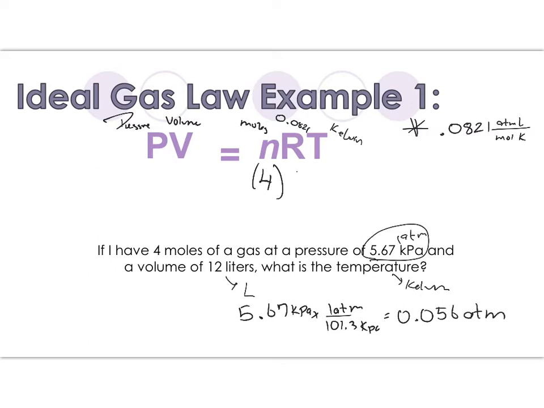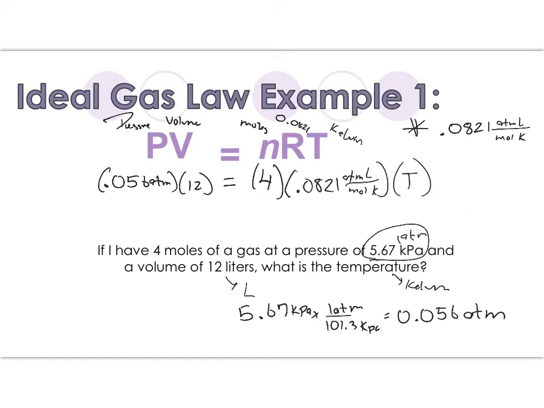So you can go ahead and plug that in now. It gives you a volume in liters, which is great. Your gas constant is 0.0821 atm liters per mole Kelvin, and we want to figure out what our temperature is going to be.